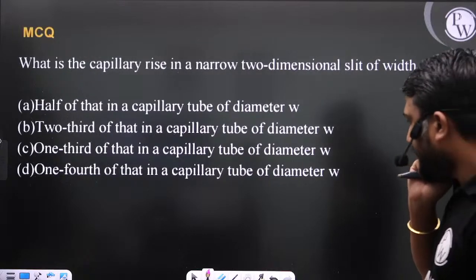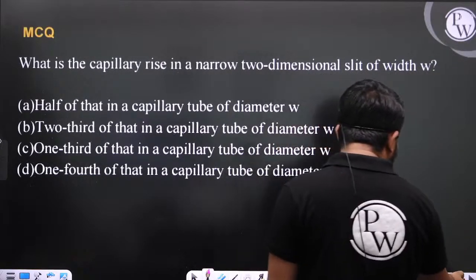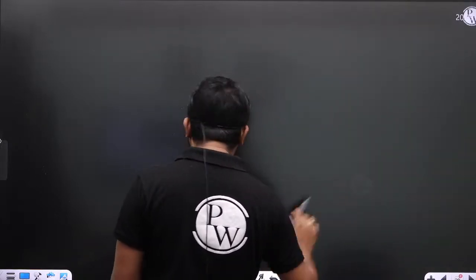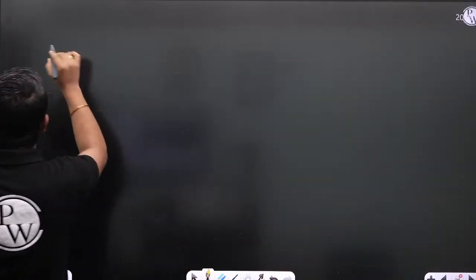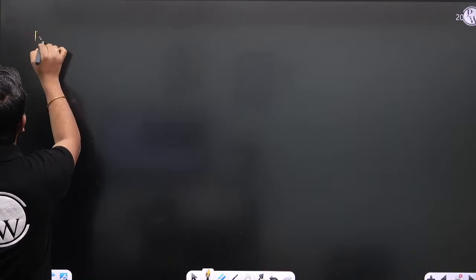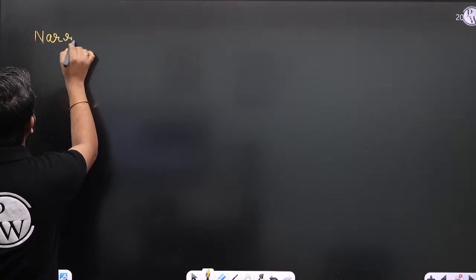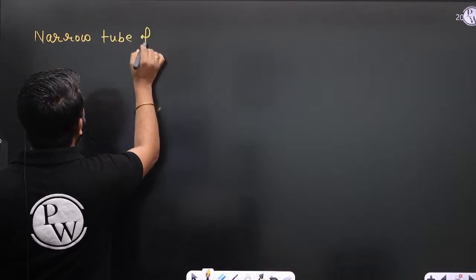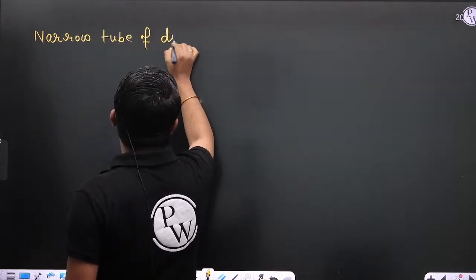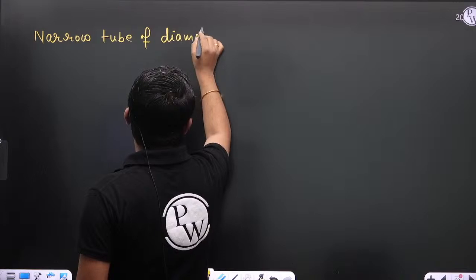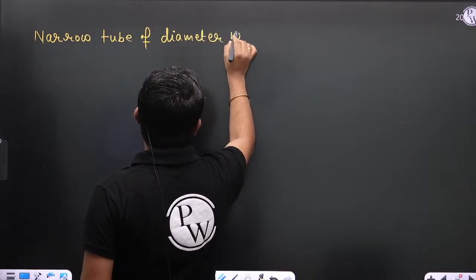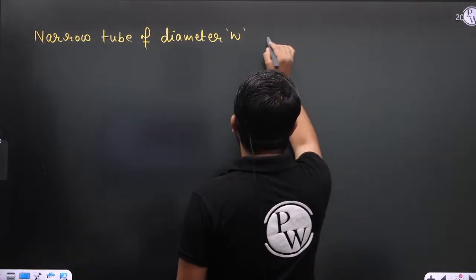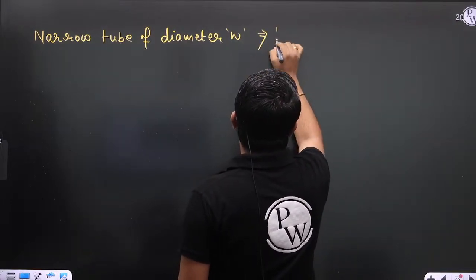So we already discussed the capillary rise or capillary fall in case of a narrow tube. Let us consider a narrow tube of diameter W. What is the capillary rise or capillary fall in this case?